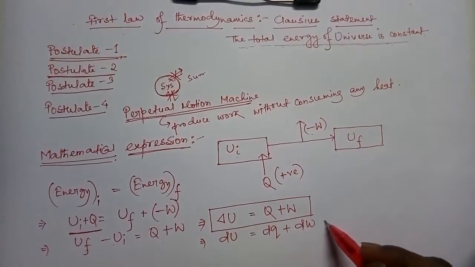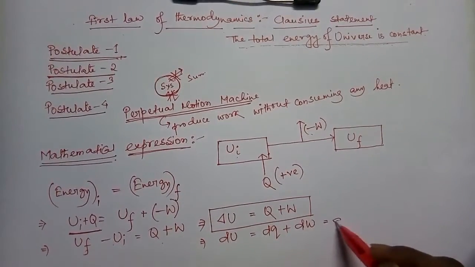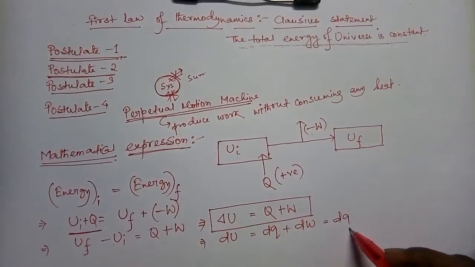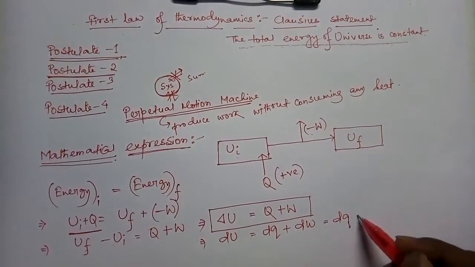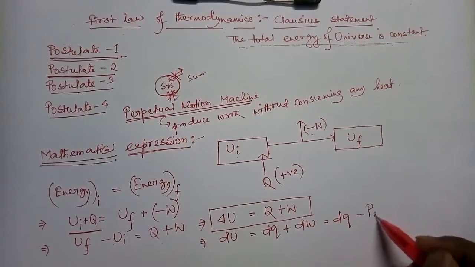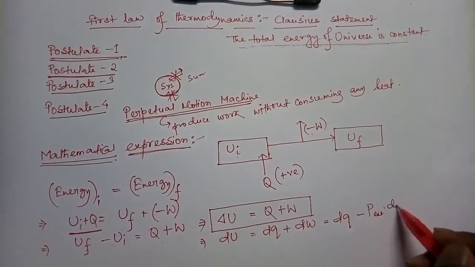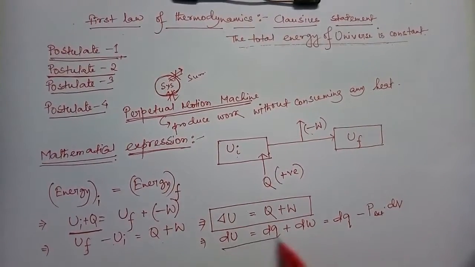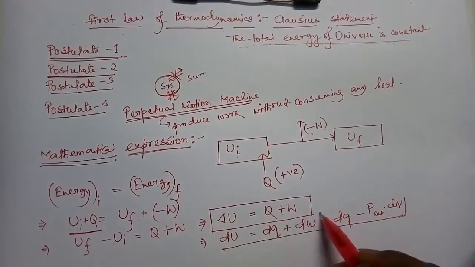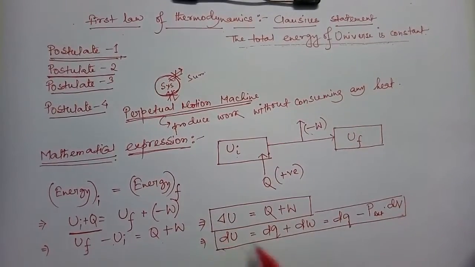Or if we are considering mechanical work, then dU equals dq and dw equals minus p external into dV. So this also can be considered if it is mechanical work and for small changes.